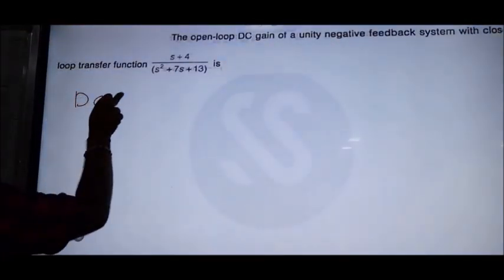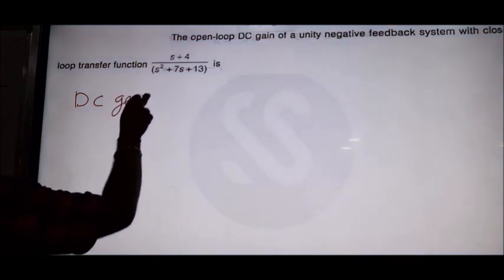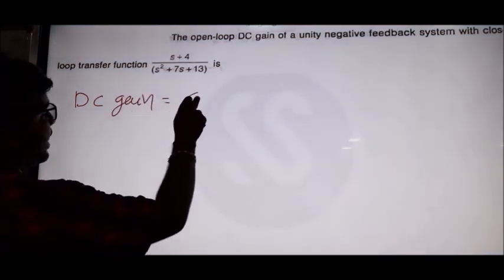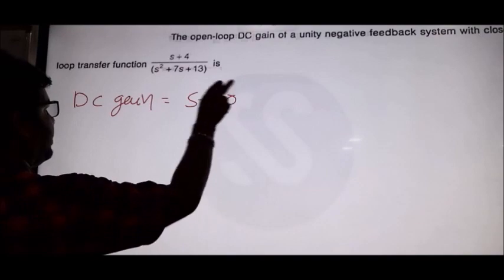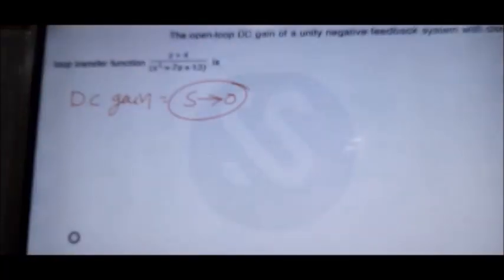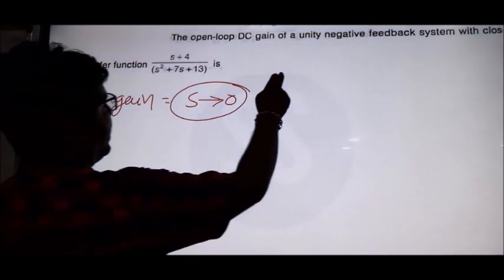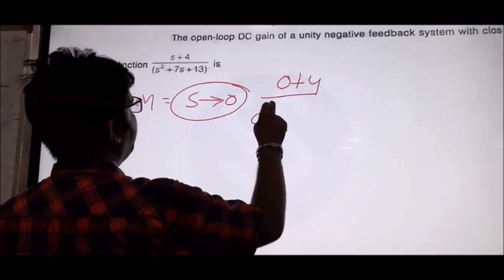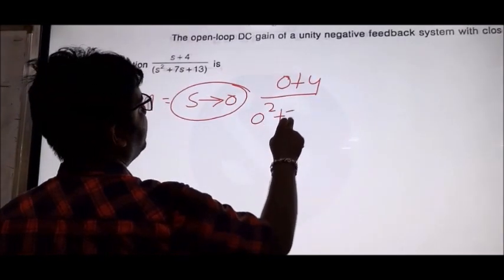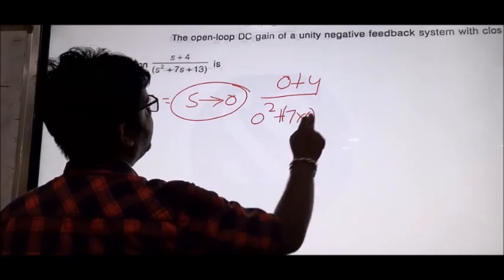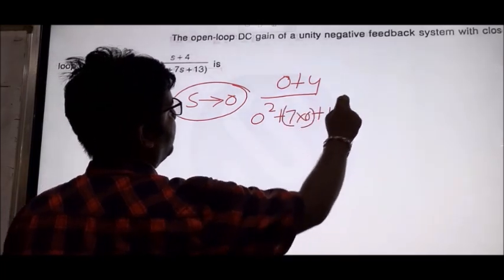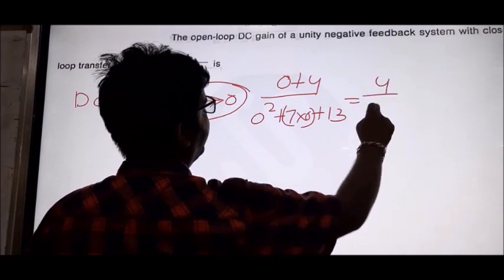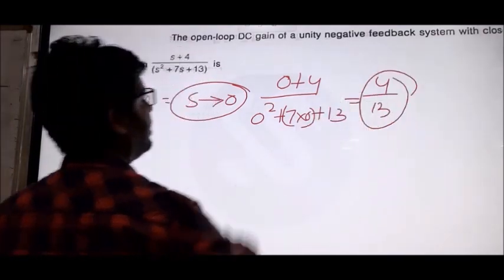We just equate s to 0 in the transfer function and we get this value. So 0 plus 4 divided by 0 squared plus 7 into 0 plus 13, which is equal to 4/13. This is the answer. Yes?